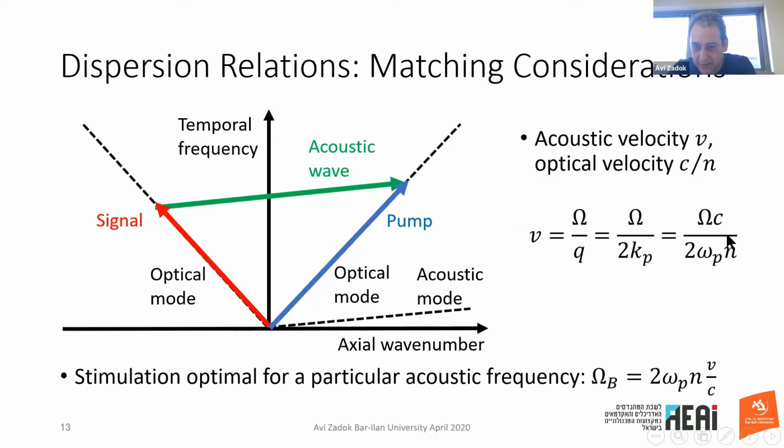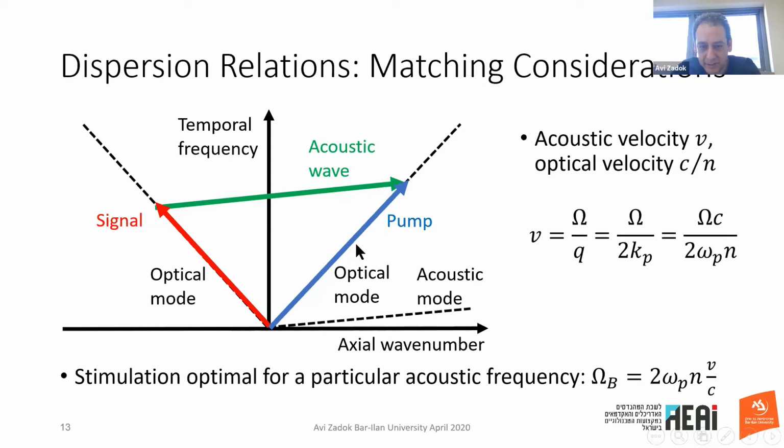This relation is only met for a very specific acoustic frequency. We call that the Brillouin shift, or the Brillouin frequency shift omega B. If we choose that acoustic frequency to be this exact value, then we comply with the dispersion relation that you see here. Okay, and I hope this is at least somehow understood.